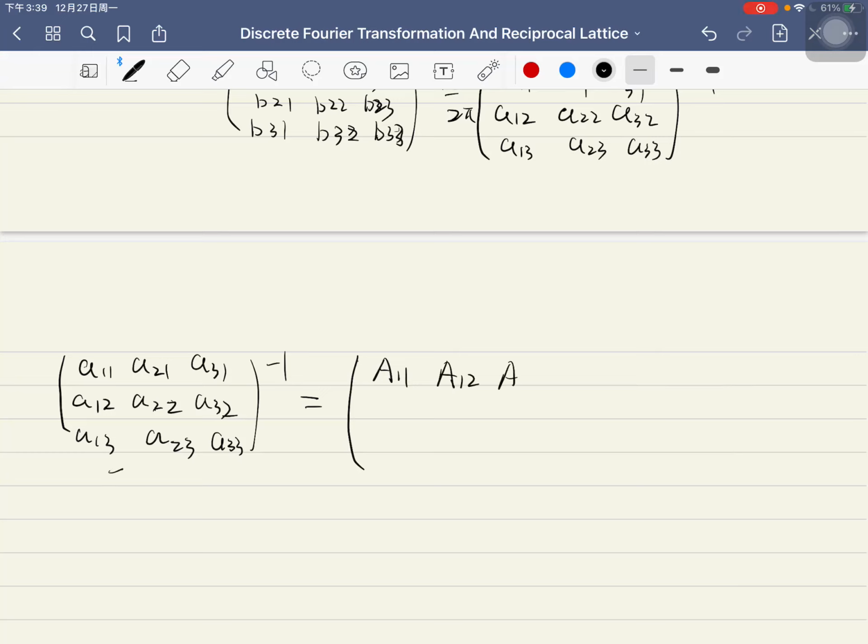Because there is a transposition, this is a transposition of the matrix.